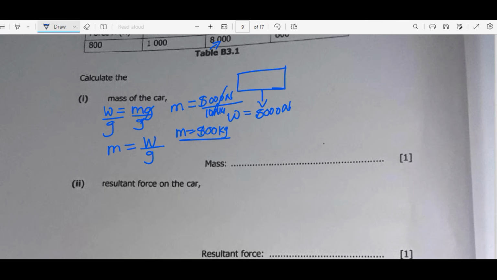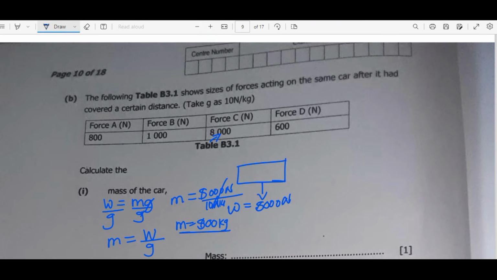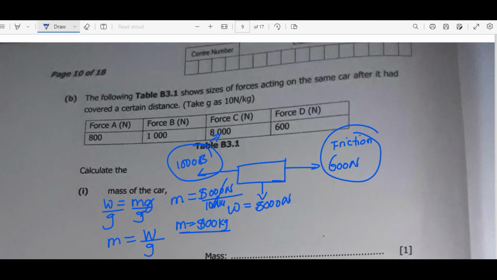Then for Roman number 2, resultant force on the car. So let's look at D, which is 600, and remember D is considered as the friction. Then B is 1000, which is being considered as the driving force. So how can we find the resultant force? We are going to find the difference between these two numbers.